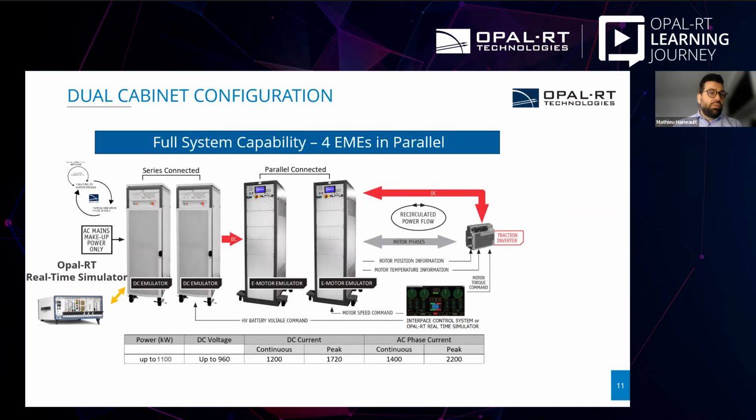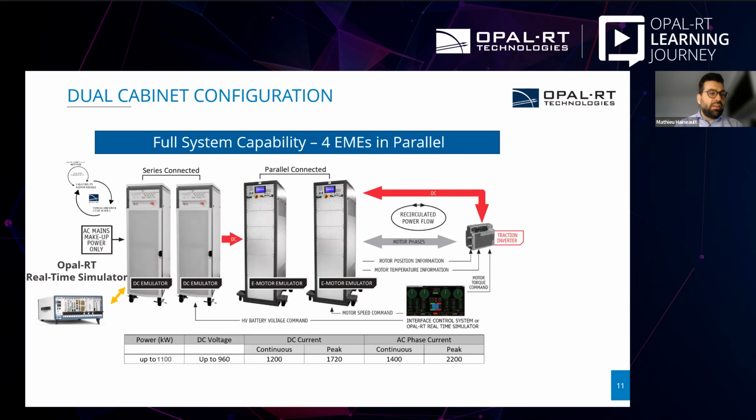If you want even more power, you can double the whole concept and go to 2 cabinets for the EME. In this case, we again double the dual channel, so we're now at a 4-channel configuration in total. If you have traction inverters that need high peak current, we're now talking about 1400 amps DC phase current, up to 2200 peak amps per phase.